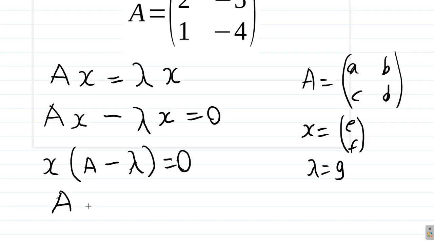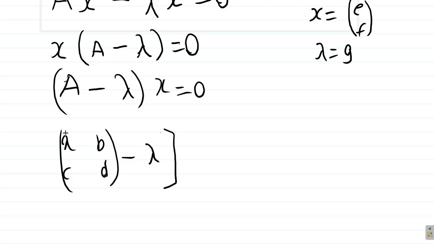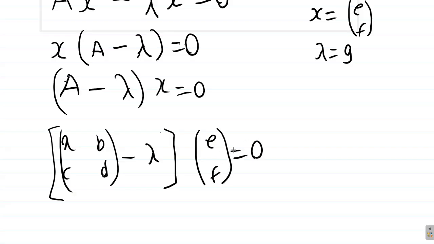So rewrite it: A minus lambda times x equals 0. This is in the form A, B, C, D minus lambda times E, F, two numbers here, equals 0.